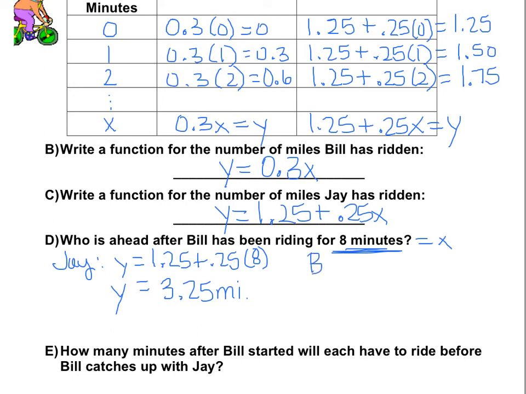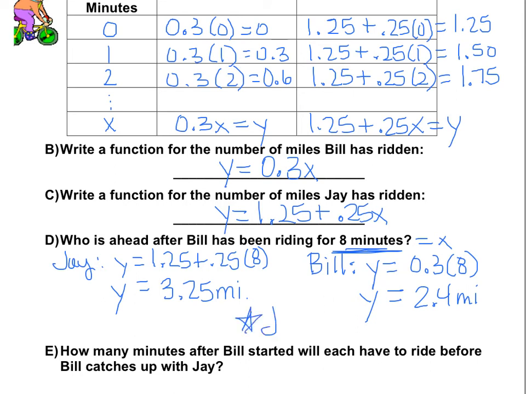Bill, after 8 minutes, y equals 0.3 times 8. So he's going to be 2.4 miles away. So who is ahead? Well, Jay, he's still ahead.